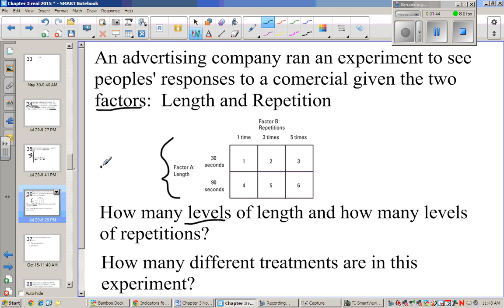So we say there are two levels of length. For repetitions, it looks like it goes anywhere between 1, 3, and 5 times. So there are 3 levels of repetitions. So if I ask how many treatments there are, well, people can be placed in any of these categories. So there are 6 different treatments that they're going to compare to see what people like better.